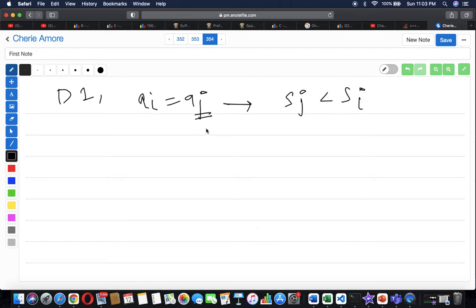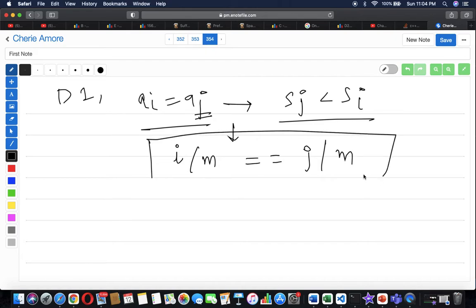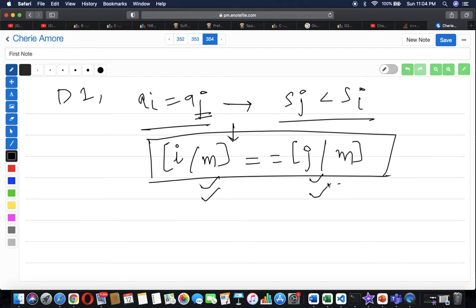Now you also have to check that this can be done only and only if i divided by m is equal to j divided by m, right? Where m is the number of columns in one row. When we do that, we get to know the row of the ith element, and that should be equal to the row of the jth element. If that holds, great. Then only can we rearrange it in this possible case, right?